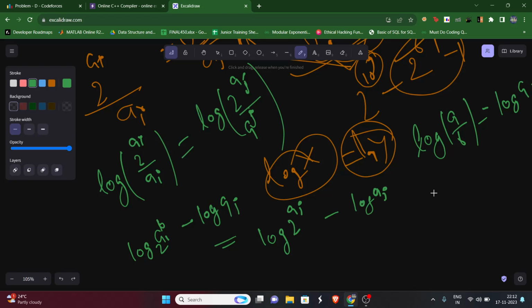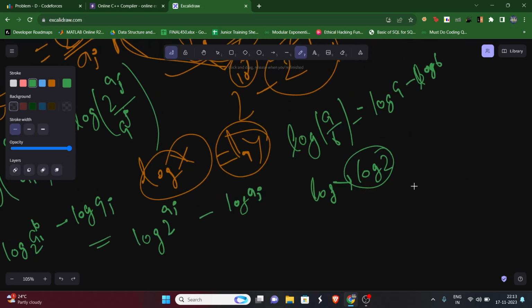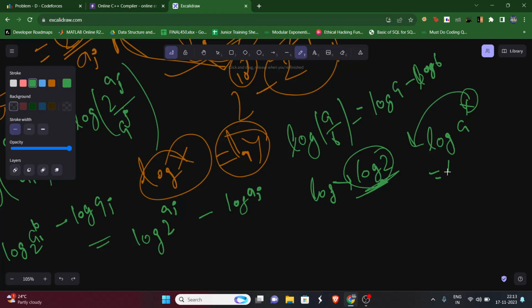Now instead of taking simple log, we would have taken log base 2. Why are we thinking of taking log base 2? Because we know that if we have something like log of a to the power x, then we can simply bring this x to the front and it becomes x log a. And now if the base is also a, then this value will become 1.